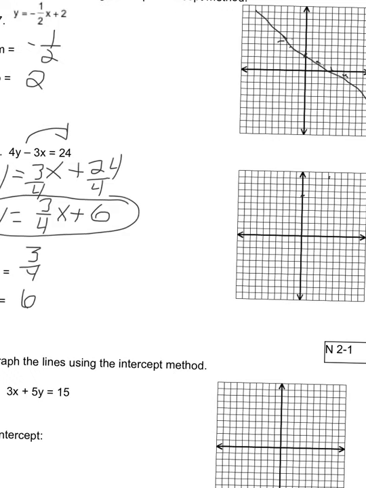Okay? I can do the same thing going the other direction to get another point because we know that if I go down, that's a negative, and I go to the left, that's a negative. Well, a negative over negative is a positive. So I could go down 1, 2, 3 from my beginning point. So I'm still back at that 6, my y-intercept. Going down 1, 2, 3, and to the left 4. 1, 2, 3, 4.